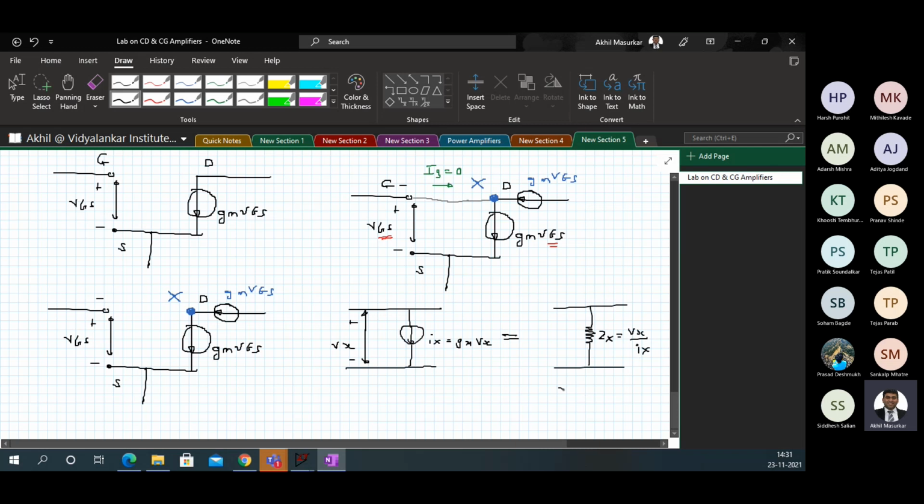Vx is Vx itself, and Ix is gm times Vx. So this cancels out, and Zx is going to be 1 by gm. So this theorem is called source absorption.